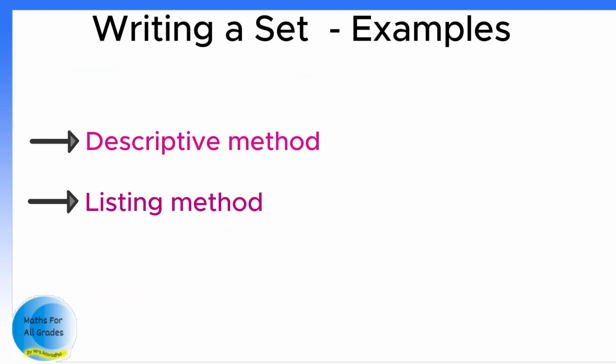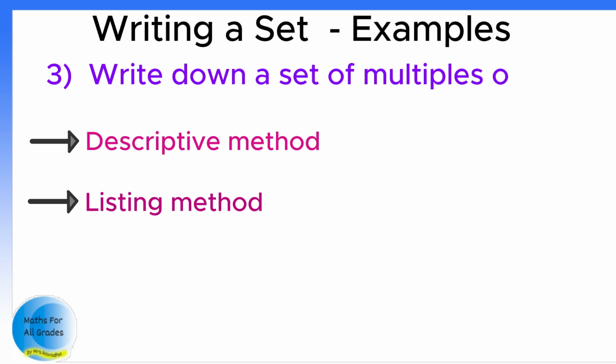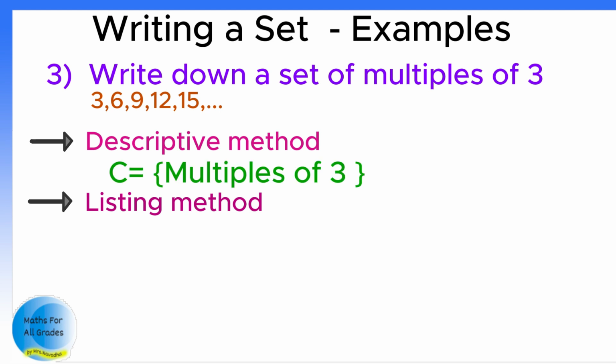Let's discuss another example. Write down a set of multiples of 3. So what are the multiples of 3? 3, 6, 9, 12, 15. It goes like that and never ends. So we can't write down all of them. Then how are we going to represent it in a set? You can write down a few elements of the set and then place 3 dots or 3 periods and then close the brackets.